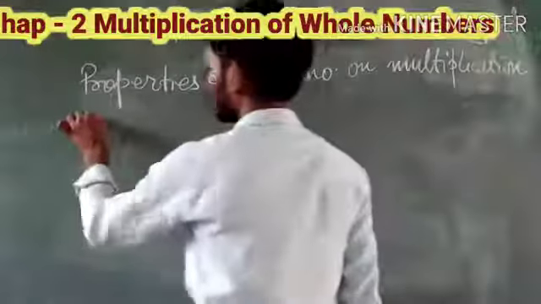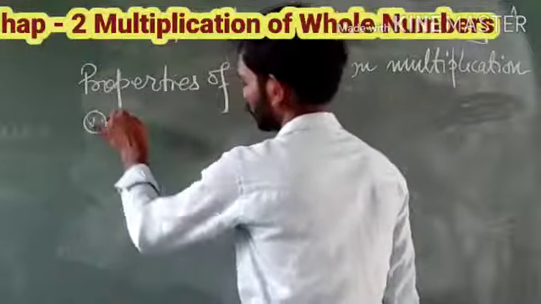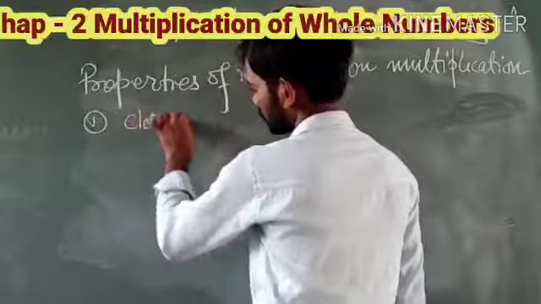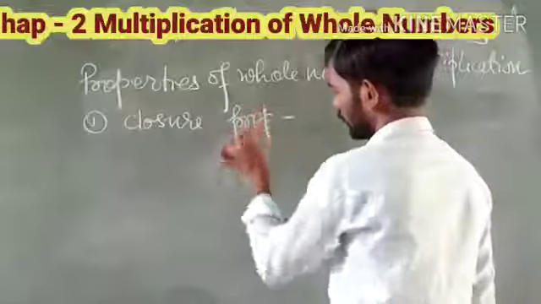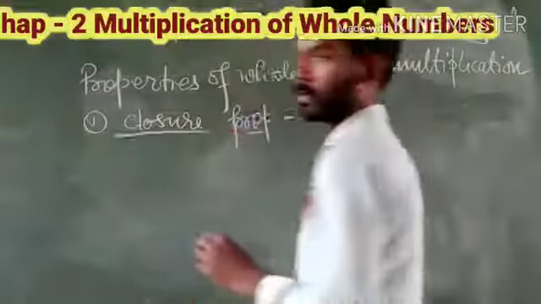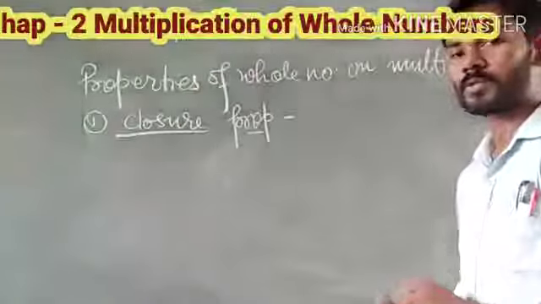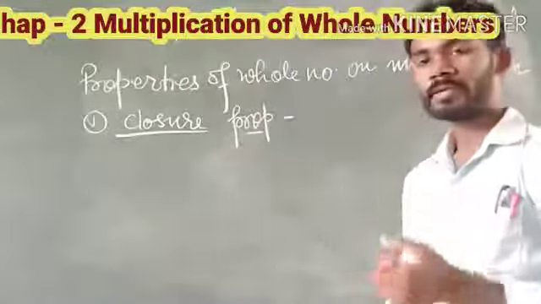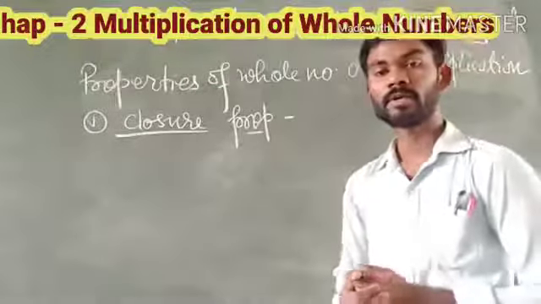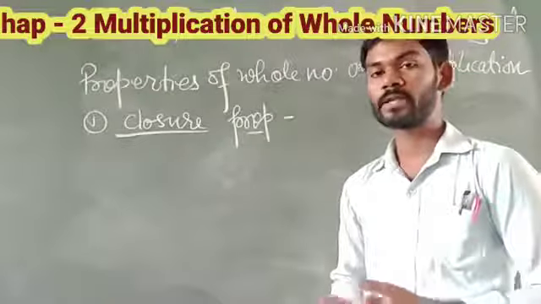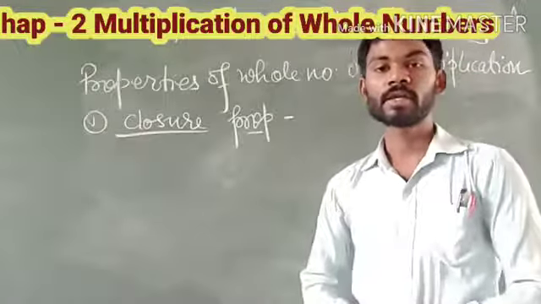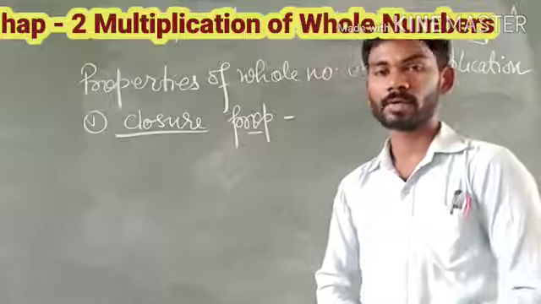The first property that we know very well is the closure property. So let us see what is the closure property. As you know, whenever two or more whole numbers are operated with each other, then we get a new number.